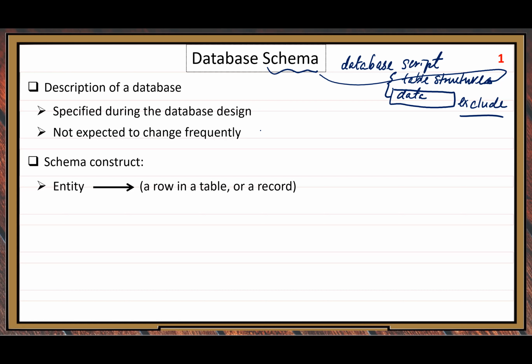When you look from different views, the names could be different. A row in a table, so you use that visual way. You can imagine there is a table, 2D, with rows and columns to organize your data. Then one row corresponds to one entity.